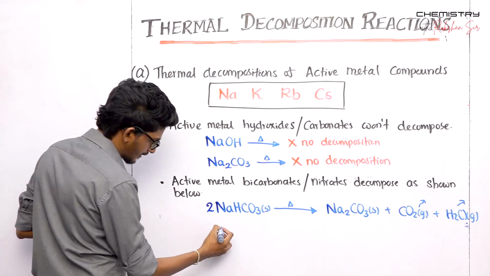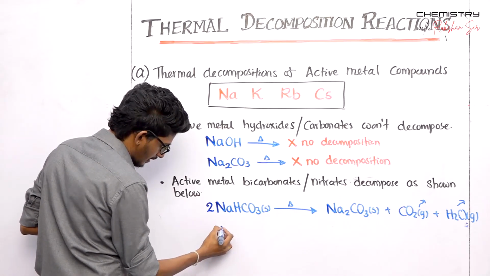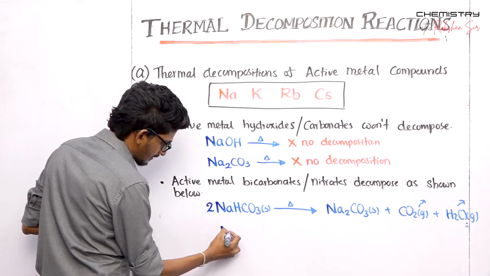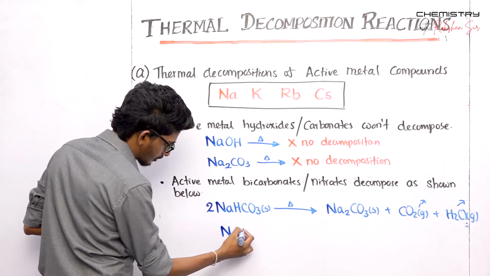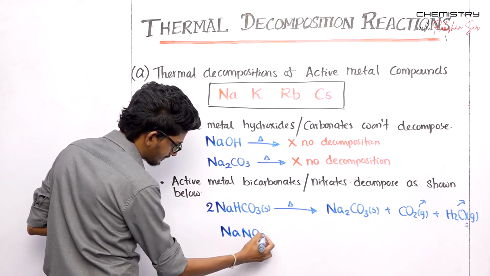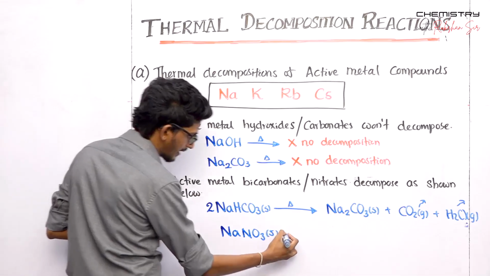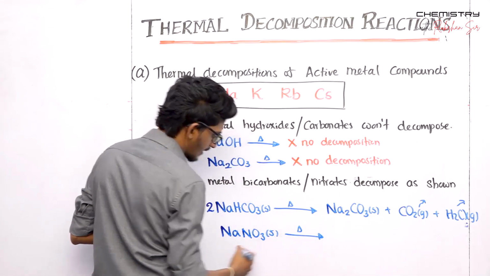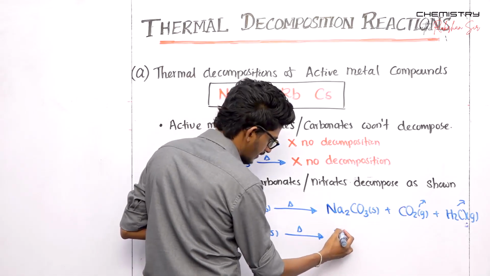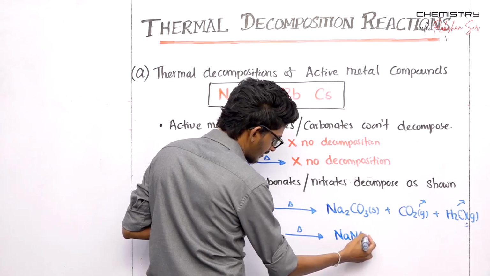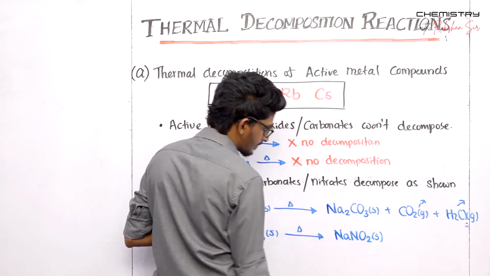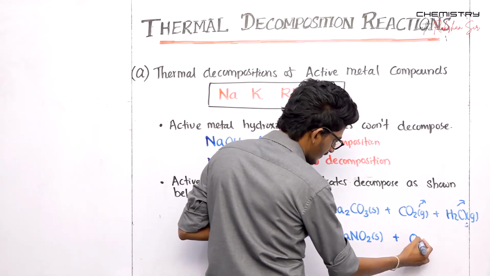What happens to the nitrates? So if you are trying to decompose the sodium nitrate by applying heat, it will decompose, giving you the sodium nitrite solid and the O2 gas.